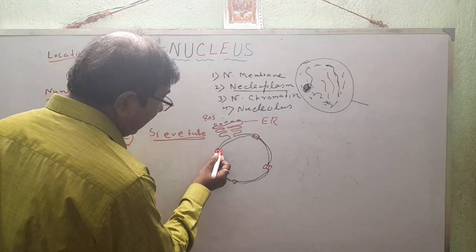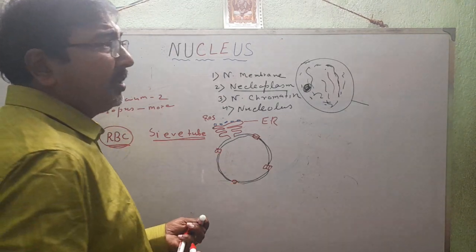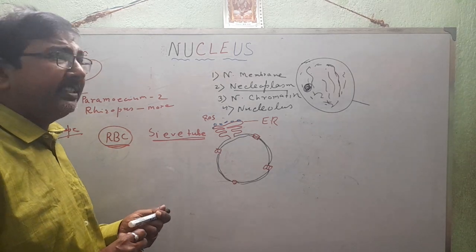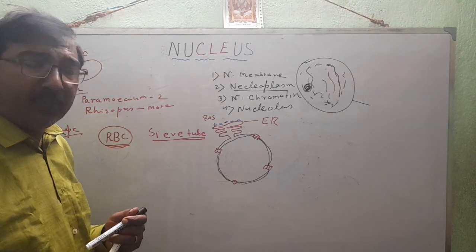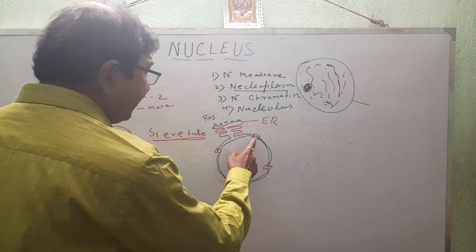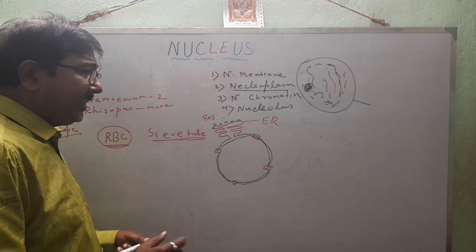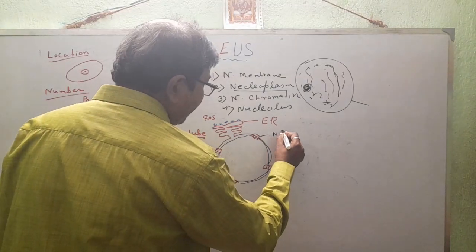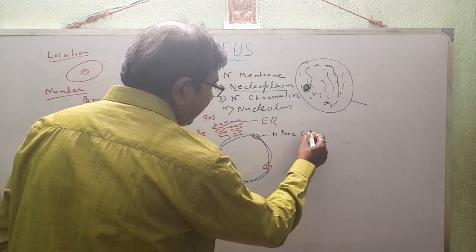And there is also an octagonal structure of nucleoplasmic protein. So the annulus and this protein form this complex. It is called the nuclear pore complex.